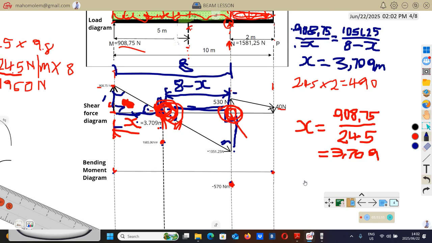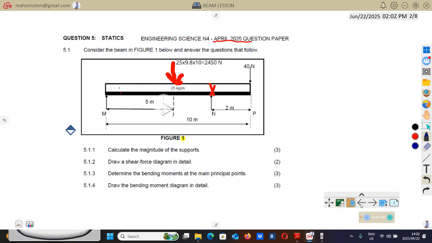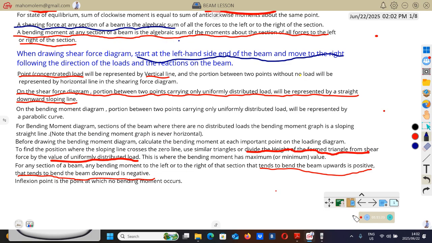Right, on the bending moment diagram, I'm on this point here. The portion between 2 points carrying UDL will be represented by a parabolic curve, by a curve.